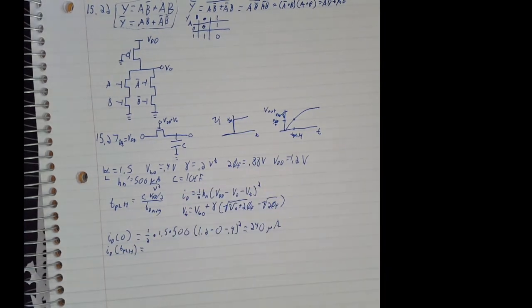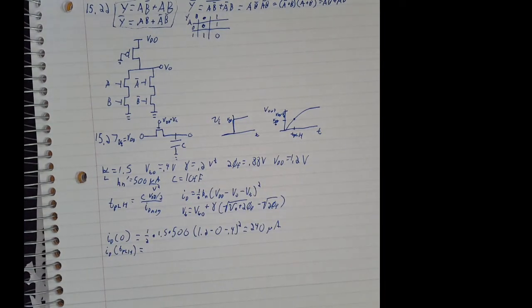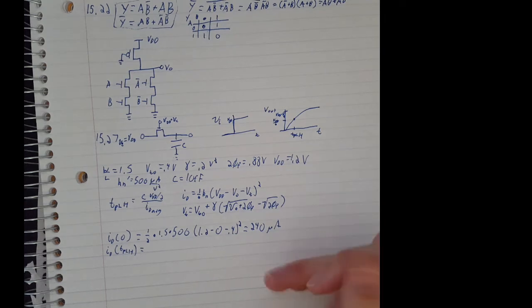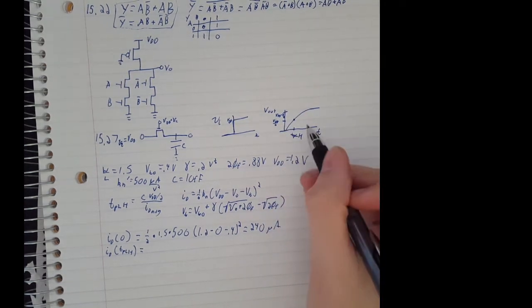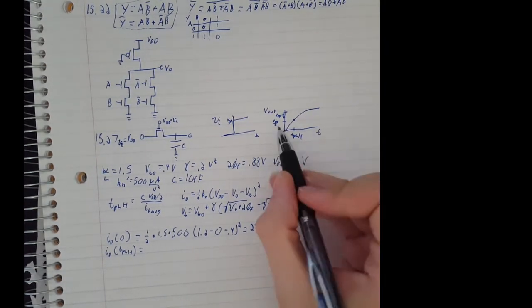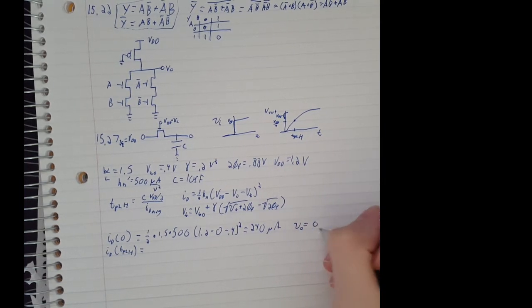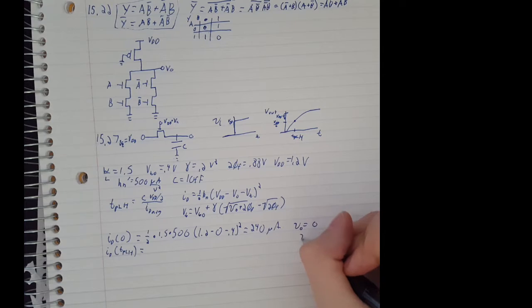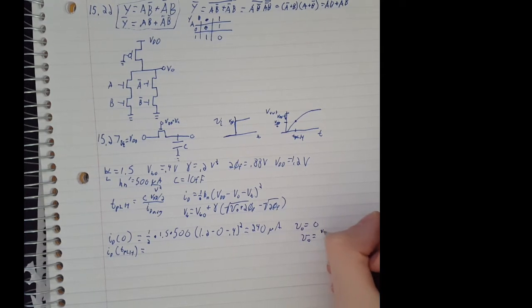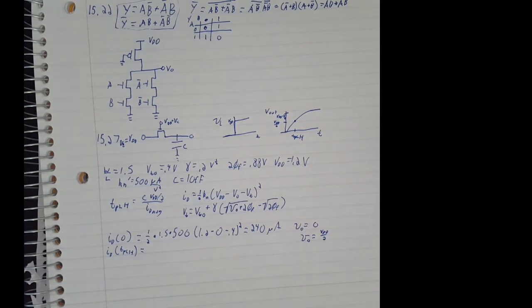Now for ID at TPLH, our V out equals VDD over 2, as you can see right here. Here V out equals 0. Here V out is going to equal VDD over 2.